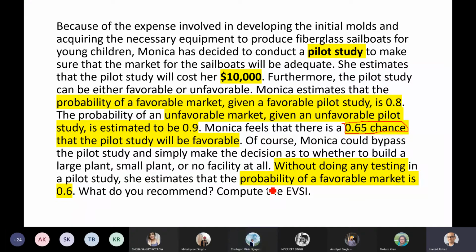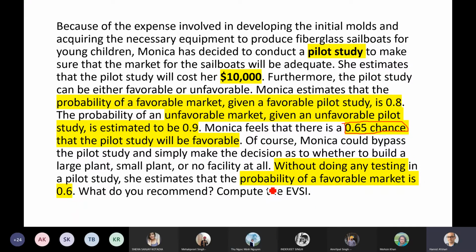Okay, and if you want to make a decision tree, you need to follow 5 steps. Do you remember those 5 steps? Step number 1 is define the problem. That's right. Step number 2, draw the decision tree, exactly, the structure of the decision tree.